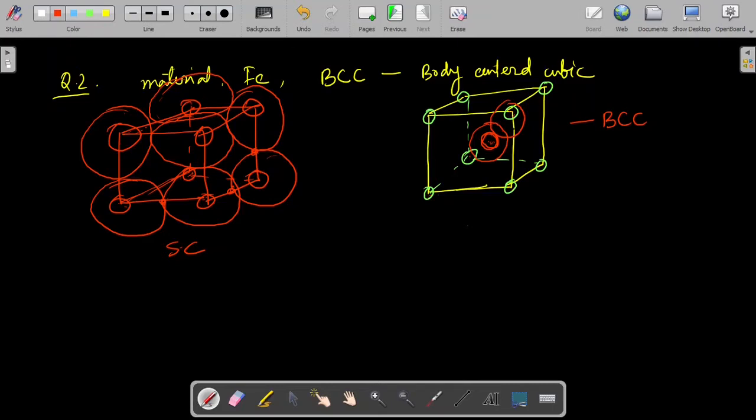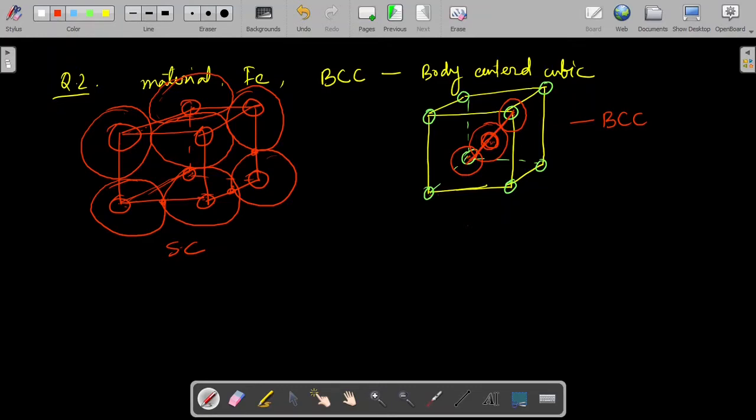If I draw it, it's like this. Oh, something is wrong, so I have to be very careful here. Like this, and this background atom is also something like this. So these three atoms diagonally are touching each other.